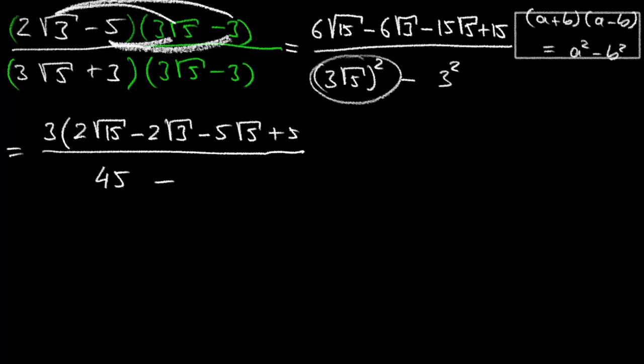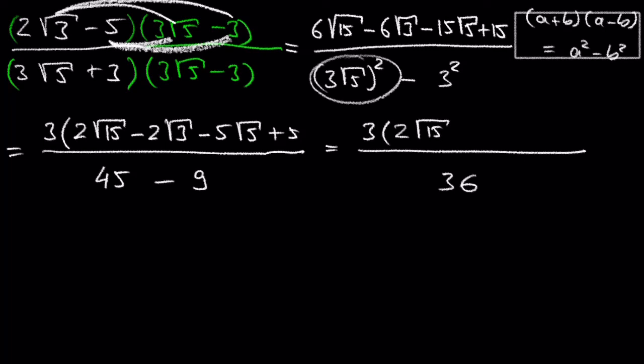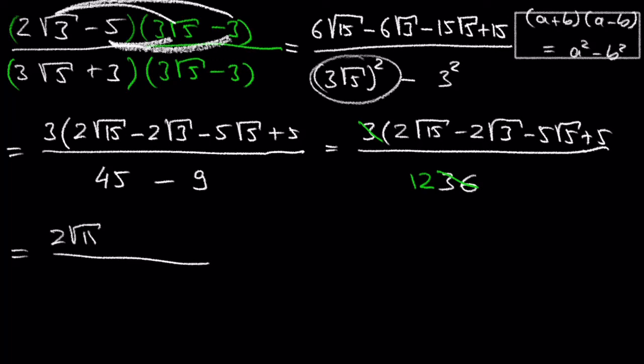And 3 squared is 9. 45 minus 9 is 36. After cancelling the 3 and 36, we get 2 times the square root of 15 minus 2 times the square root of 3 minus 5 times the square root of 5 plus 5 over 12.